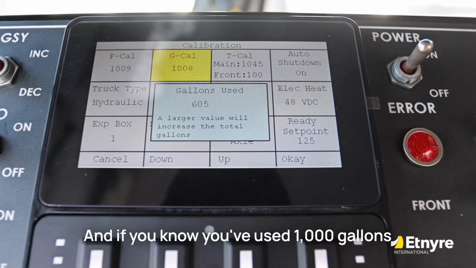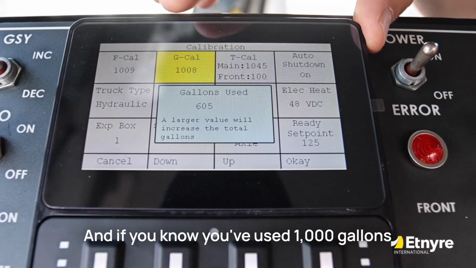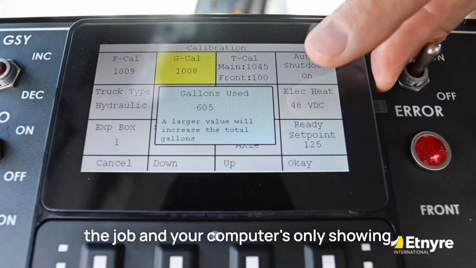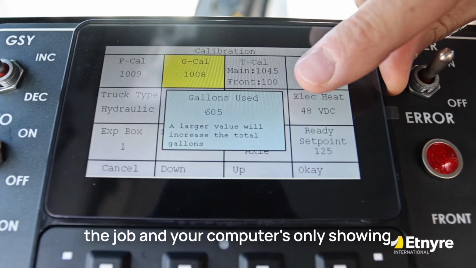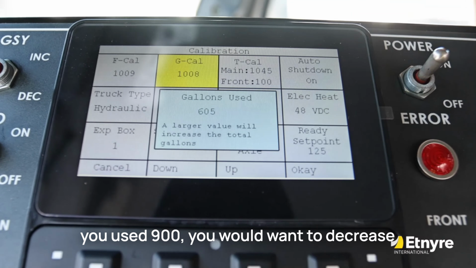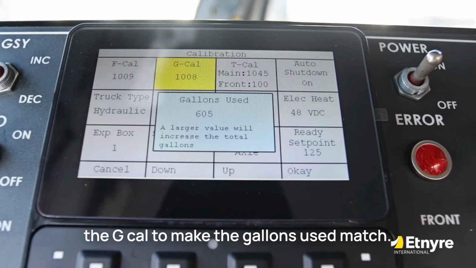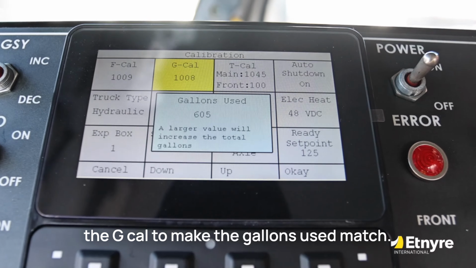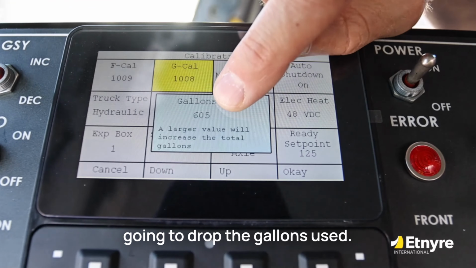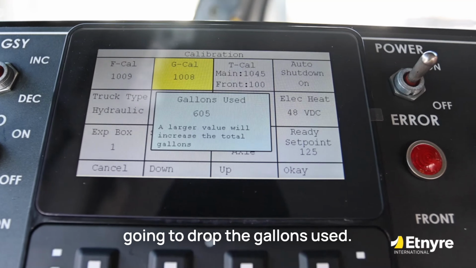And if you know you've used 1,000 gallons at the end of the job or at the midpoint of the job, and your computer's only showing you used 900, you would want to decrease the GCal to make the gallons used match.